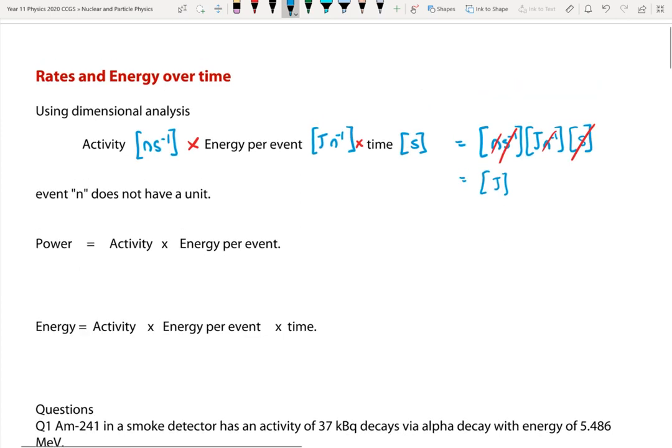One thing, though, is our activity, we have to assume constant. And what that means is that your time has to be much less. Have you ever used that many less thans in maths? I don't know, I'm making stuff up. Your time interval has to be much less than your half-life.